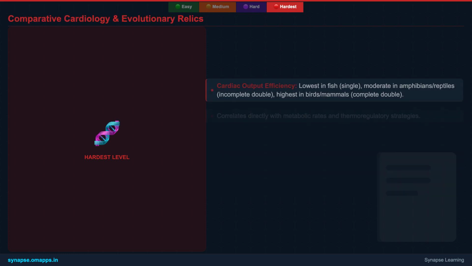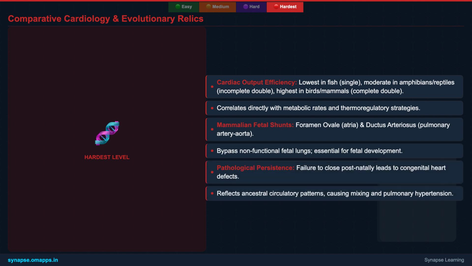The comparative cardiology across vertebrates reveals a clear evolutionary trajectory towards optimizing cardiac output and metabolic support. Fish, with their two-chambered hearts and single circulation, have the lowest cardiac output, limiting their activity levels. Amphibians and reptiles, with their three-chambered hearts, achieve a higher cardiac output than fish, but the mixing of blood still imposes limitations.